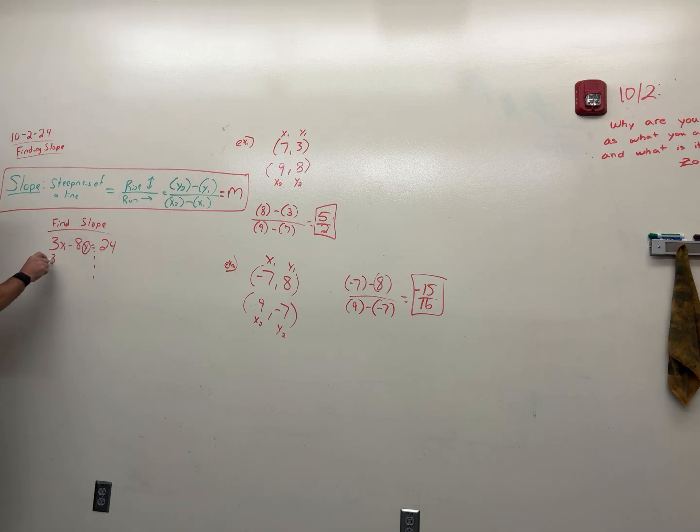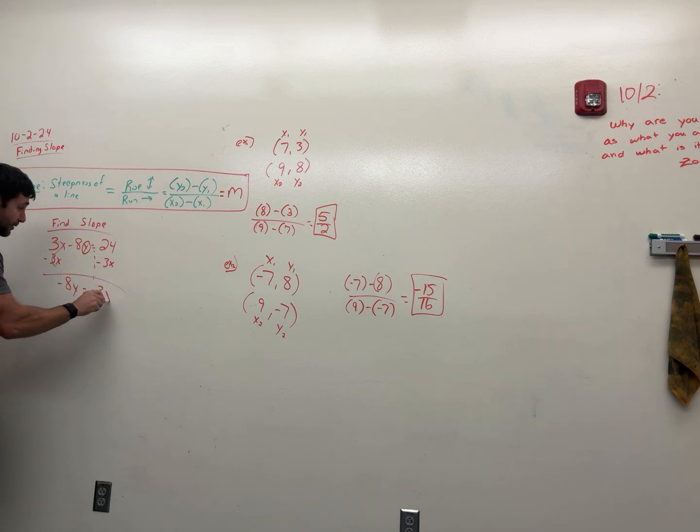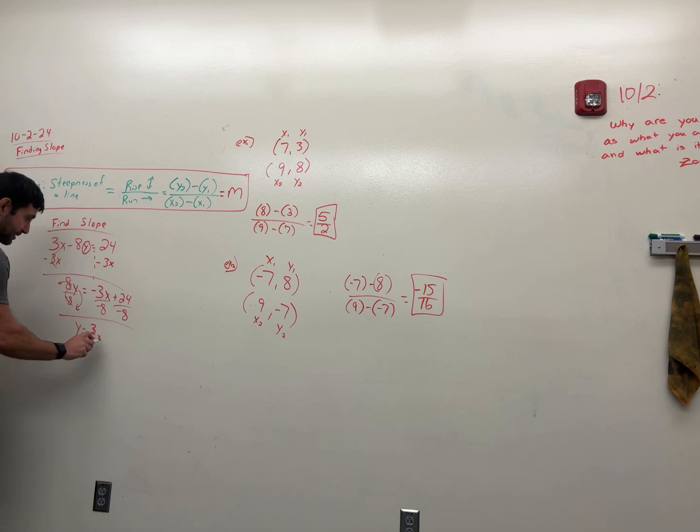So I can subtract 3x from both sides. That leaves me negative 8y equals negative 3x plus 24. Mr. H, why am I putting the x next to it? Because slope-intercept form is y equals mx plus b. Am I done? No. We have to get y by itself by dividing each individual thing by negative 8. Y then equals negative divided by a negative is positive 3/8 x minus 3.